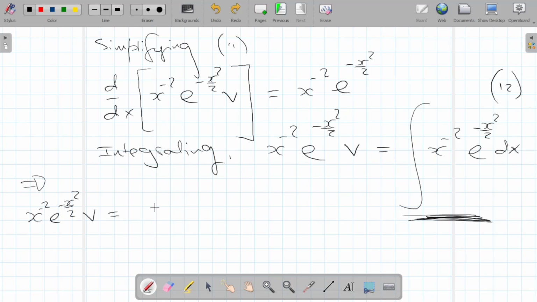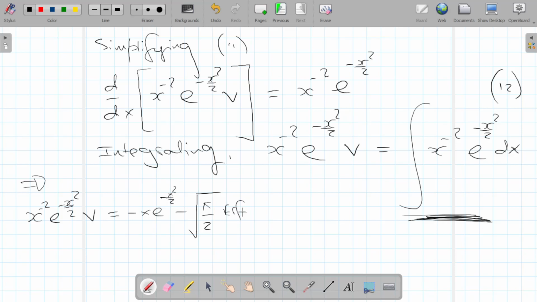So we've got a minus x, not an x squared, but a minus x, according to my notes here. Minus x squared over 2, minus the square root of the whole of pi over 2 times the error function.